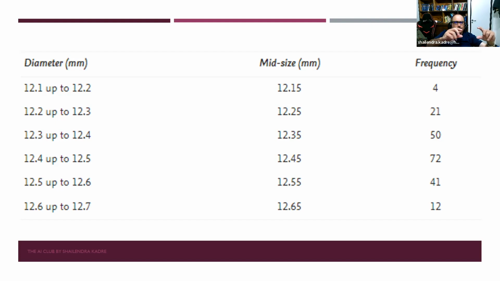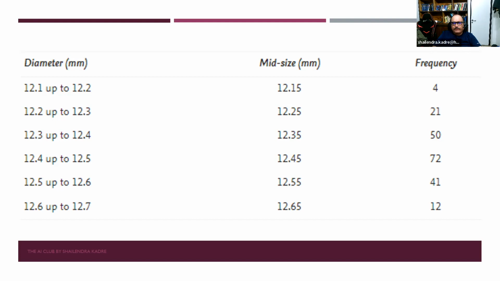From 12.2 to 12.3, I get 21 bolts. From 12.3 to 12.4, I get 50 bolts. Frequency is nothing but the number of bolts I am getting. This is a range, and for each range I have a data cell; between 12.5 mm and 12.6 mm, I'm getting 41 bolts. Like that, I have tabulated.